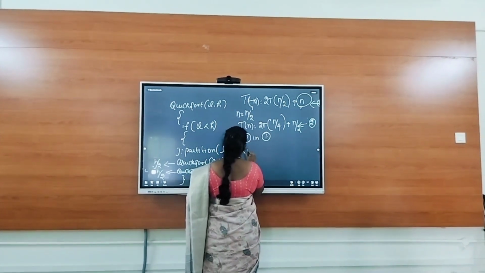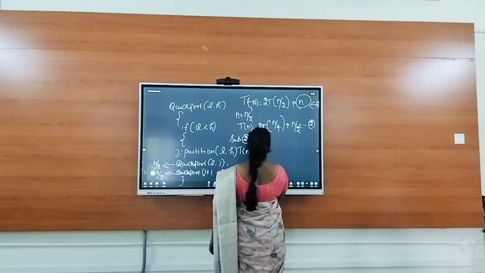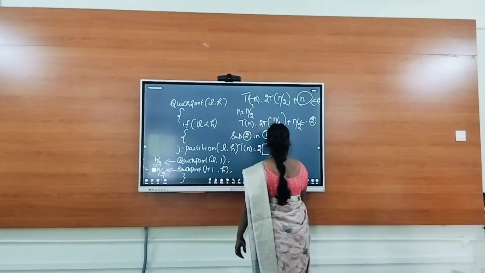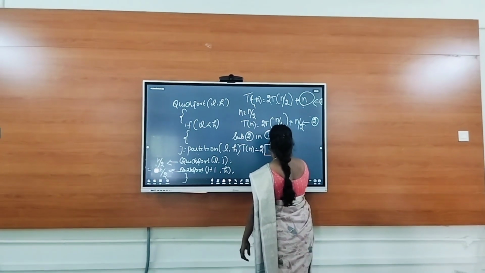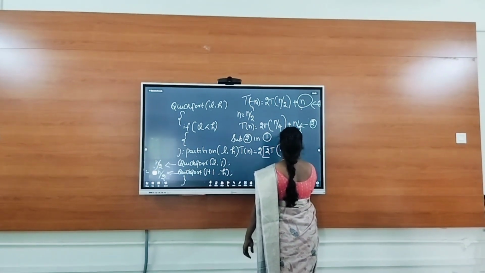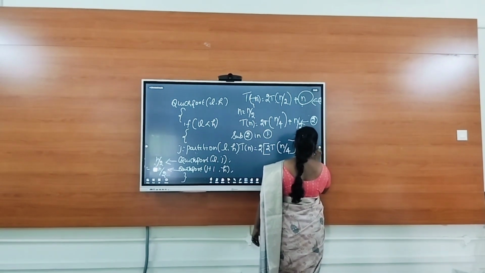So T of n is equal to 2 of 2T of n by 4 plus n by 2, plus n.